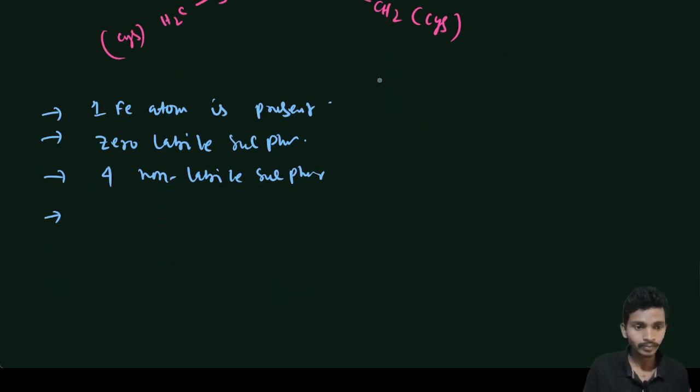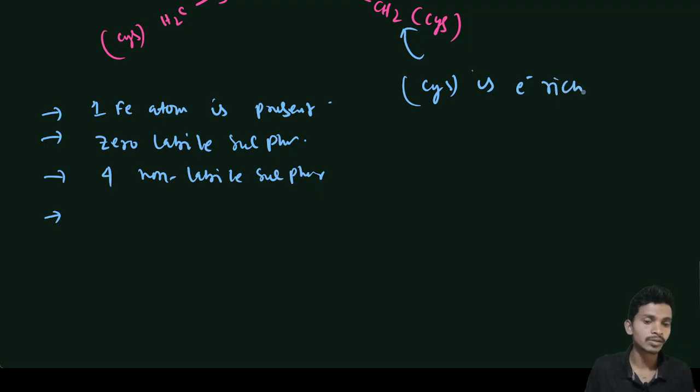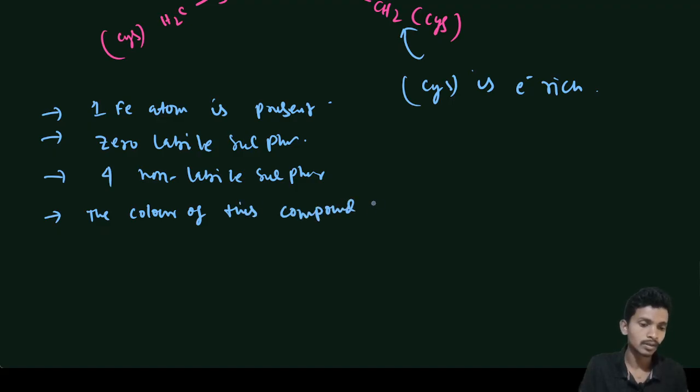Also, here the cysteine is electron rich. So the color of this compound is due to LMCT, because these cysteines are the ligands.